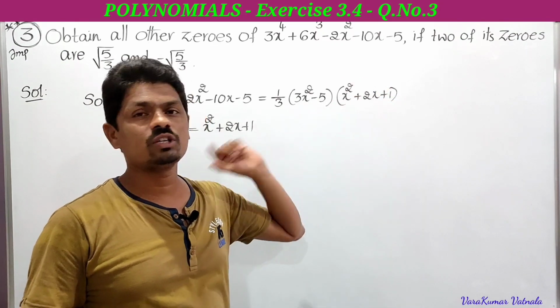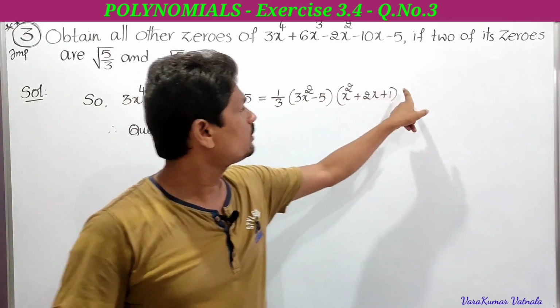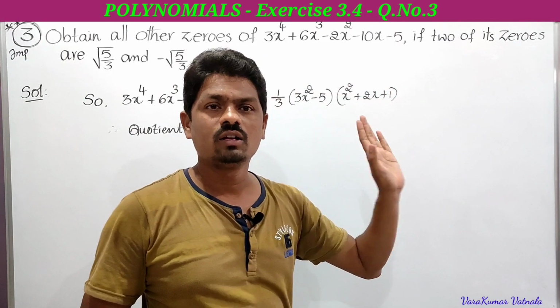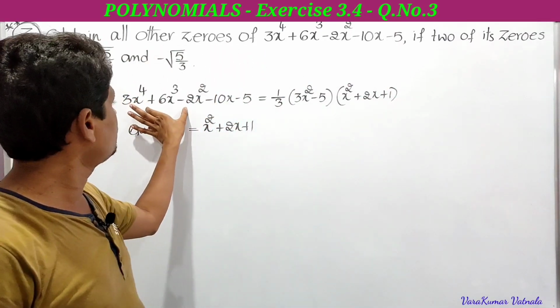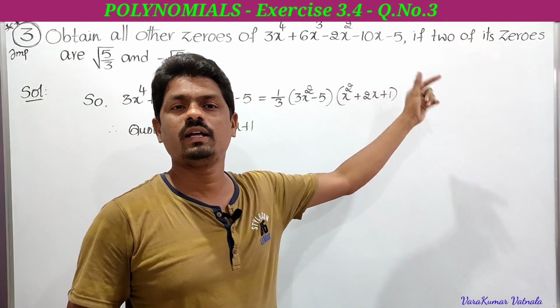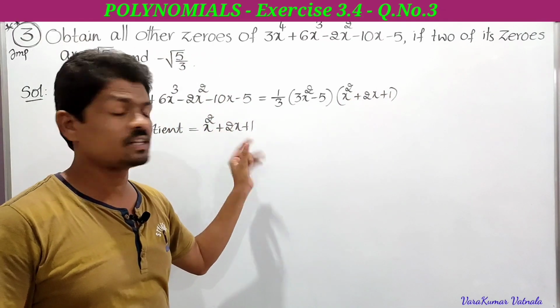So this is the quotient. Dividend is equal to divisor into quotient plus remainder. Since remainder is 0, we need not write it.